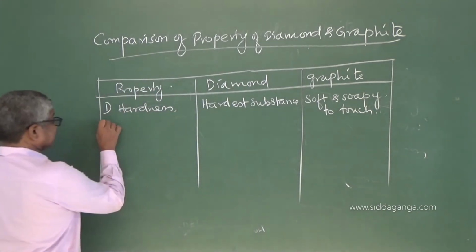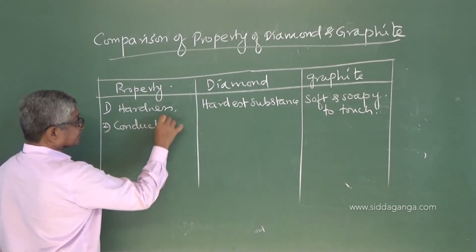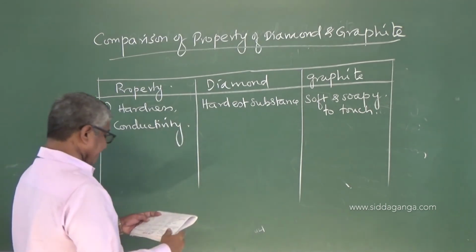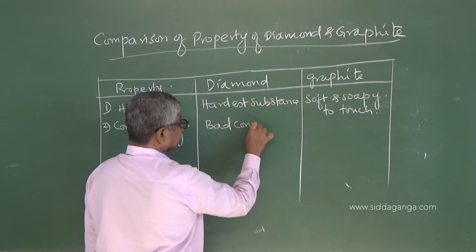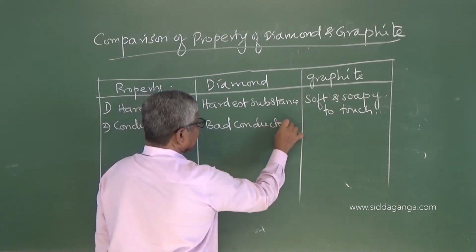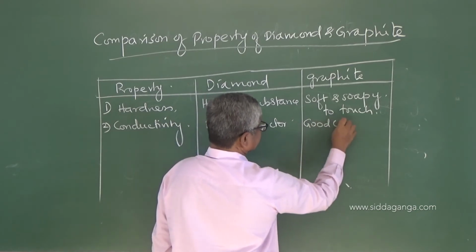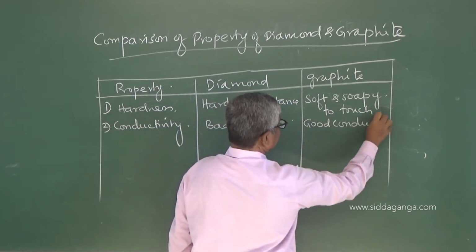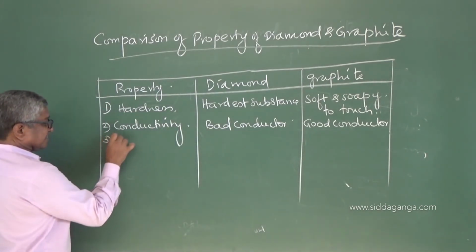Second, conductivity. Diamond is a bad conductor and graphite is a good conductor. Third, density.